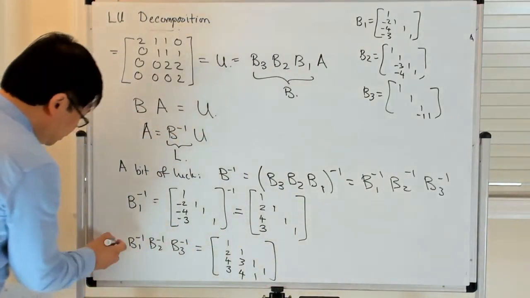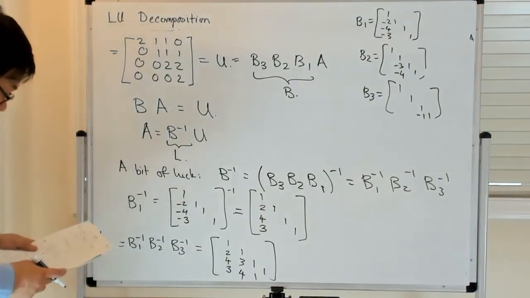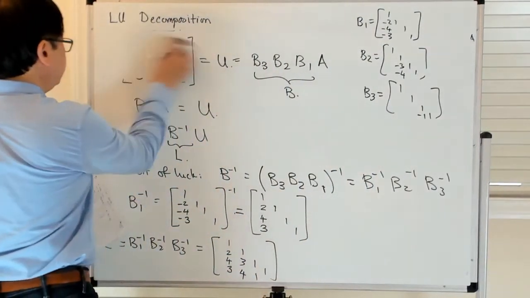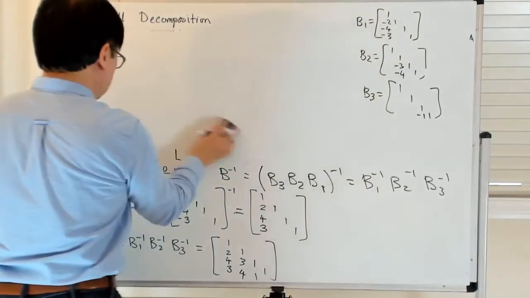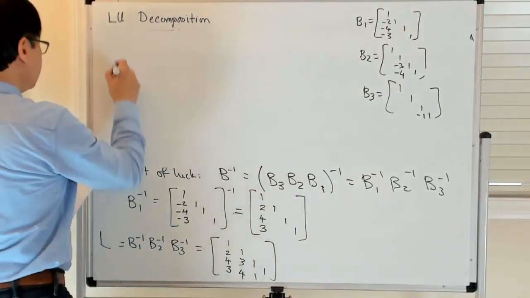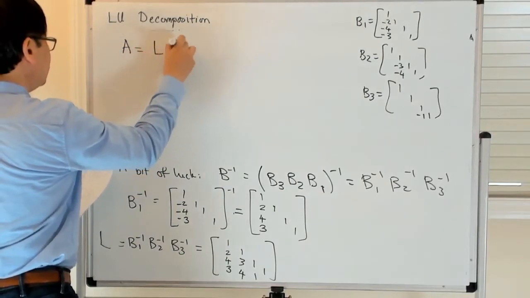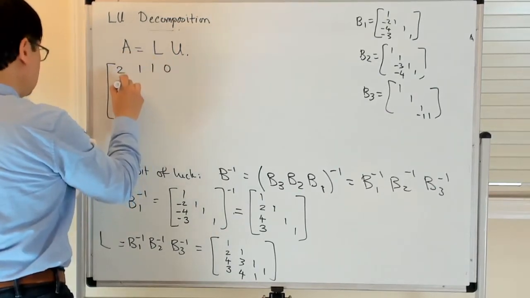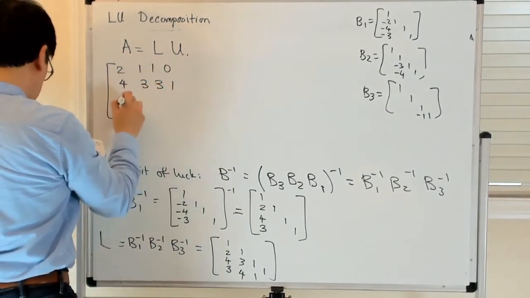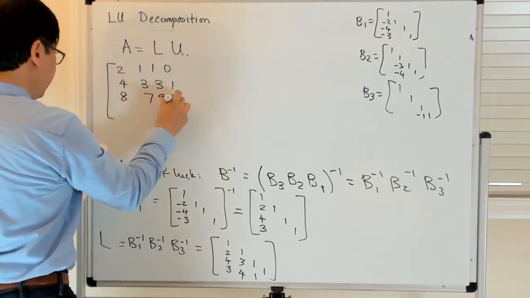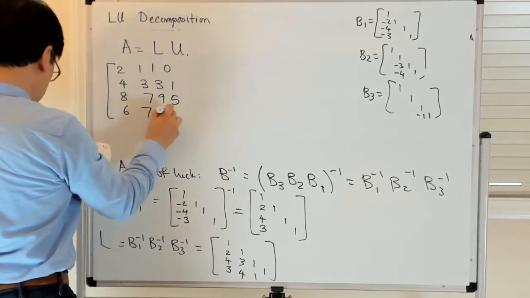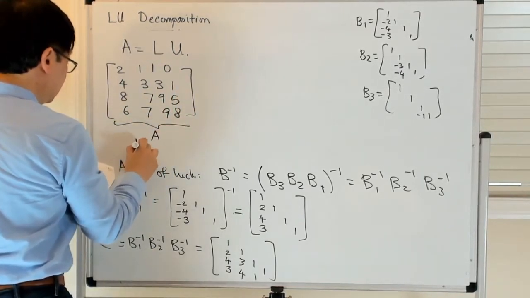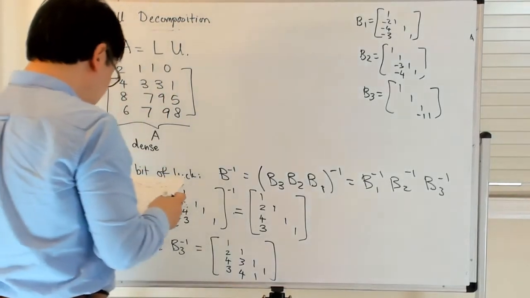And so that's actually going to be my lower triangular matrix L. So now I have the following. I have this matrix A, and I can write it as L times U, where A, as we looked at before, was 2, 1, 1, 0, 4, 3, 3, 1, 8, 7, 9, 5, 6, 7, 9, 8. So this is the matrix A, which is dense in the sense that most of the entries are not 0.